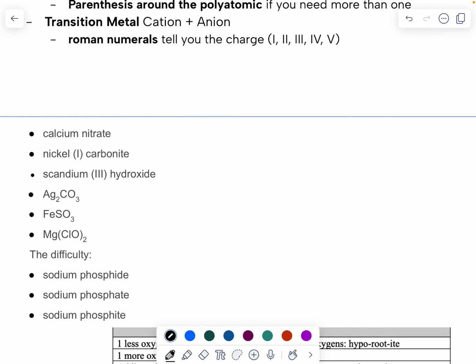So here are some examples. If I was dealing with calcium nitrate, I would write down Ca, which is calcium. Nitrate ends in ate, so I'd look at the back of my periodic table. Nitrate's NO3. Charges then: calcium's a +2, nitrate's a -1. So I need 2 nitrates to make this work. Now you don't just pop a 2 out there because that makes it look like I have NO32.